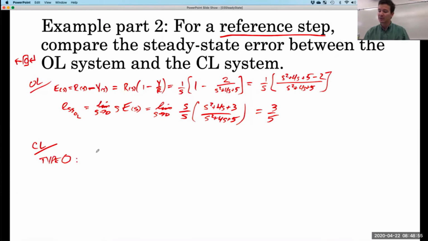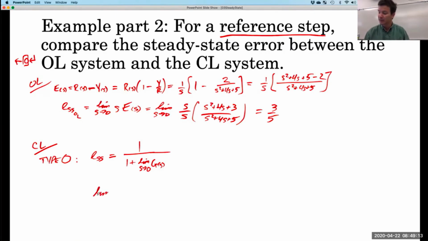If we have a type 0 system, then the error in steady state is given by the upper left-hand entry in the table. And so the relevant quantity I have to calculate here is what is g of s as s goes to 0.